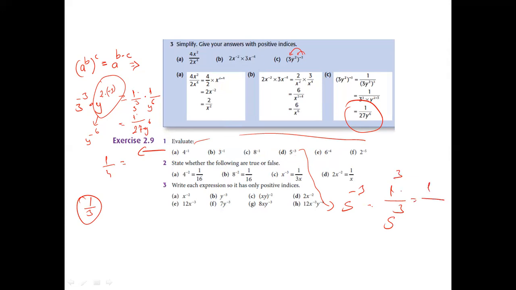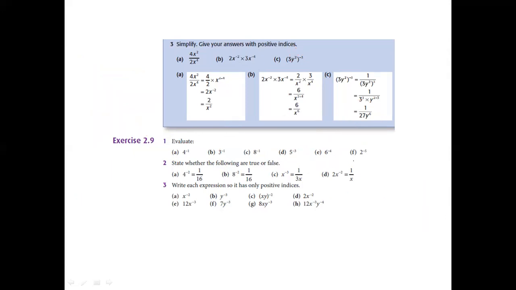You'll get the same answer, 1 over 125. And then f, 2 to the power of minus 5 is equal to 1 over 2 to the power of 5, which is 32. The answer is 1 over 32.